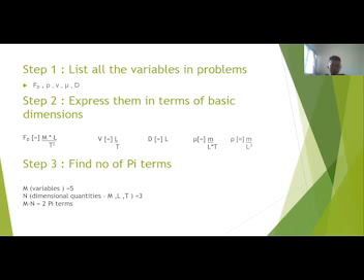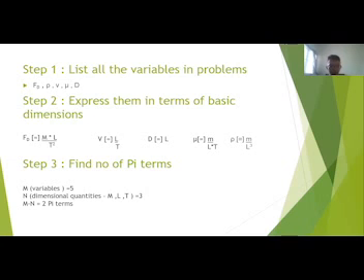The dimension of drag force is M times L over T squared. For V is L over T. For D is L, length. For viscosity is mass over length times time. For density is mass over length cubed.